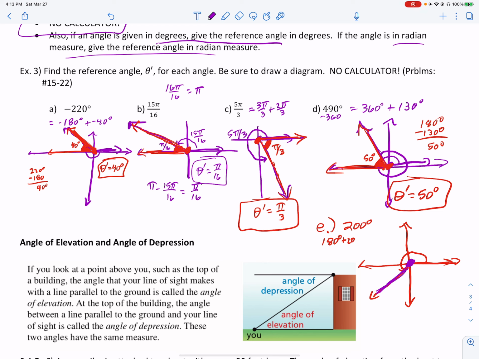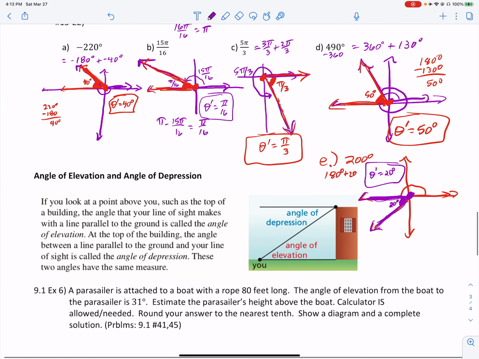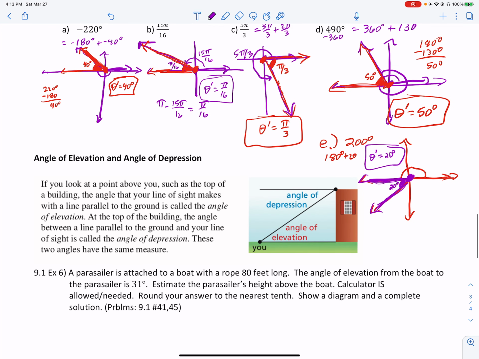There's my vertex. There is my terminal side. And I need the x-axis that will create an acute angle with it. And so that's the negative. And so this being 20 degrees is that reference angle. So that reference angle for this one is 20 degrees. Reference angles are always positive and always acute, between 0 and 90 or between 0 and pi halves.